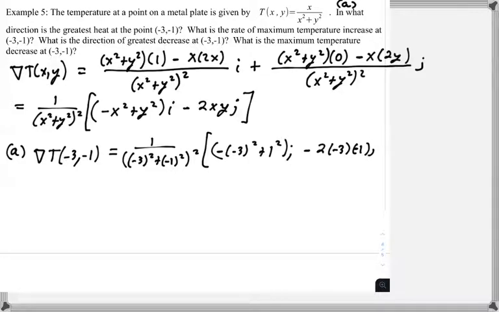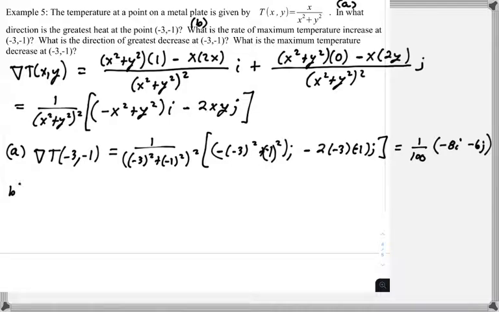It's not going to matter. So it's going to give us 1 over 100, and then we have -8i and -6j, and we're mixing, so we don't need a comma there. And so that is going to be the direction of maximum increase.